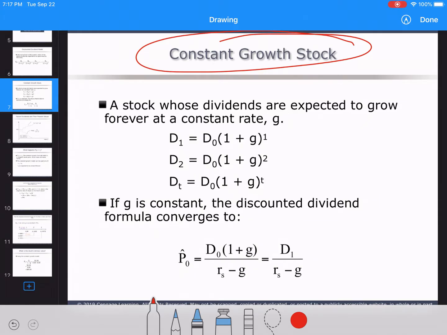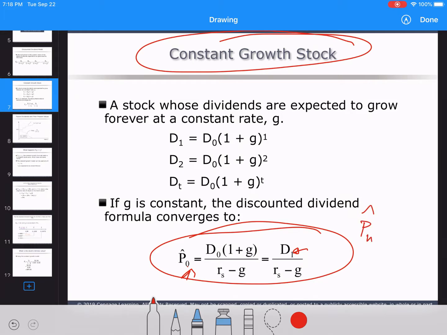And if this goes on to infinity, then it becomes very simple, which is called the constant dividend growth model. So basically you will say P hat n is equal to D n plus 1 over (r sub s minus g). So this is your dividend discount model.